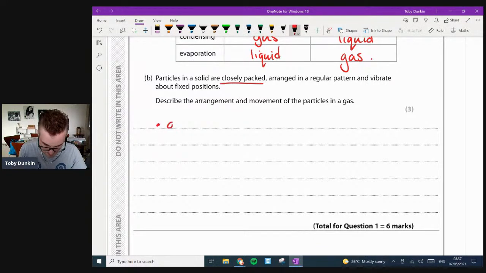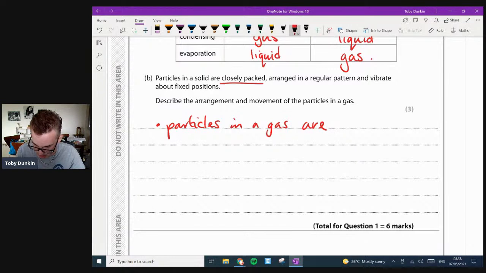So gases are not closely packed. Particles in a gas are spaced out, have large gaps.